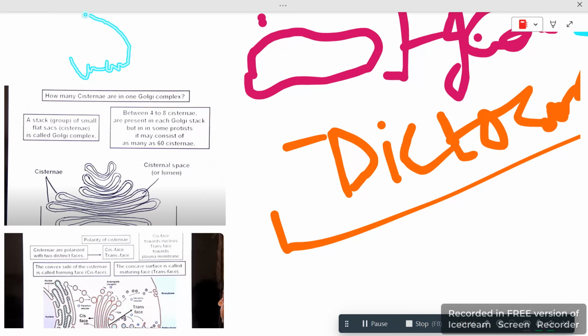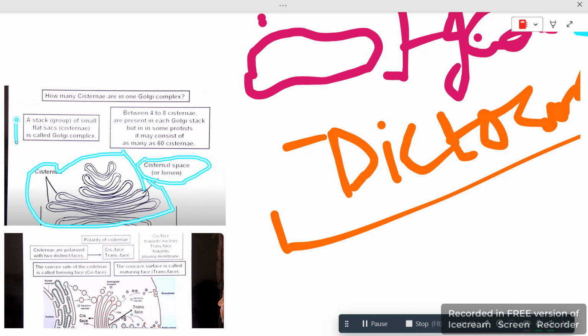Lumen is a good name because in all organelles you find an empty space, known as lumen. Lumen is a cavity. So here the cavity is known as lumen, but this is the cisternae lumen, so we call this cisternal space.